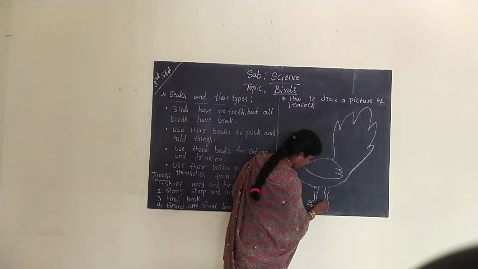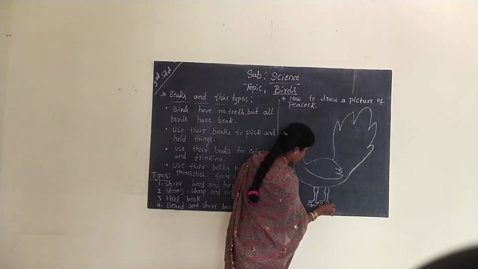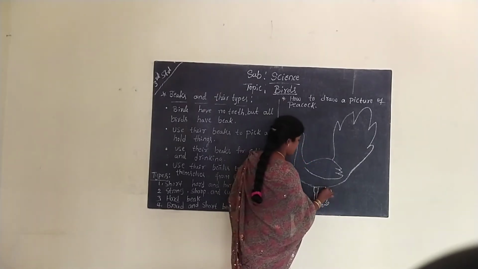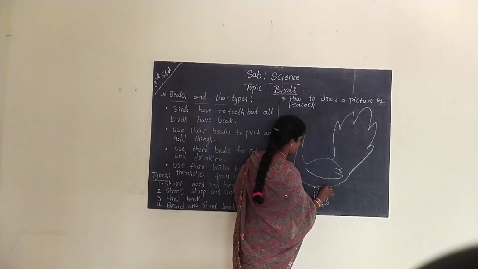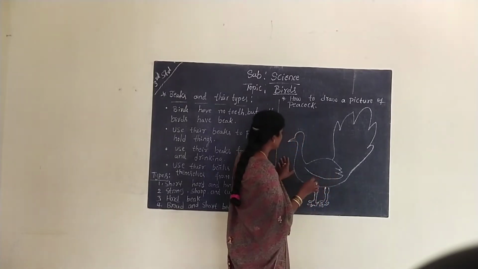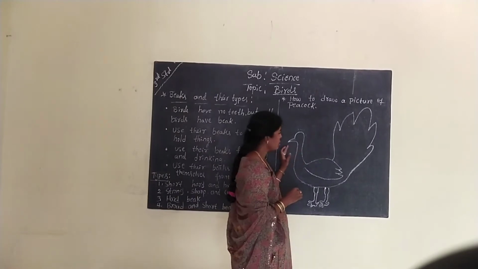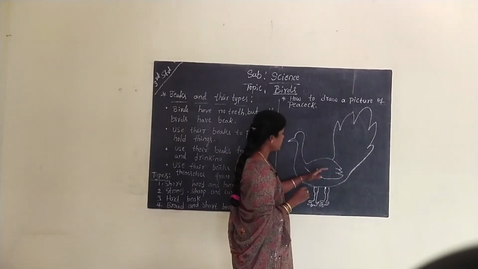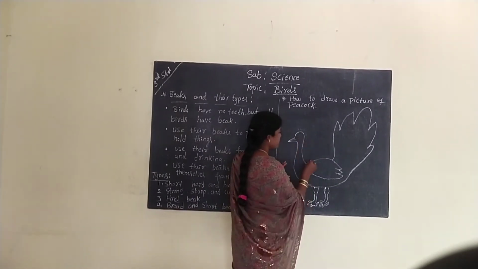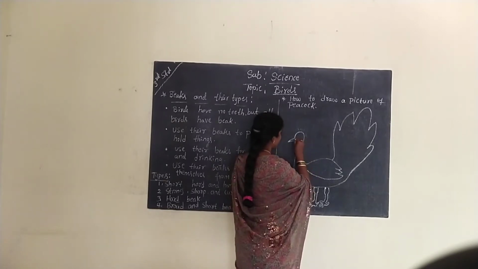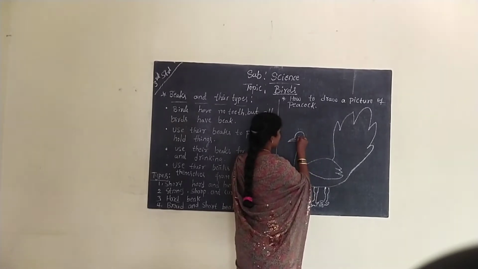Okay. Now the leg portion is finished. Okay. See children, we know that a bird's body is fully covered with feathers. Okay. Next we should draw the eye.